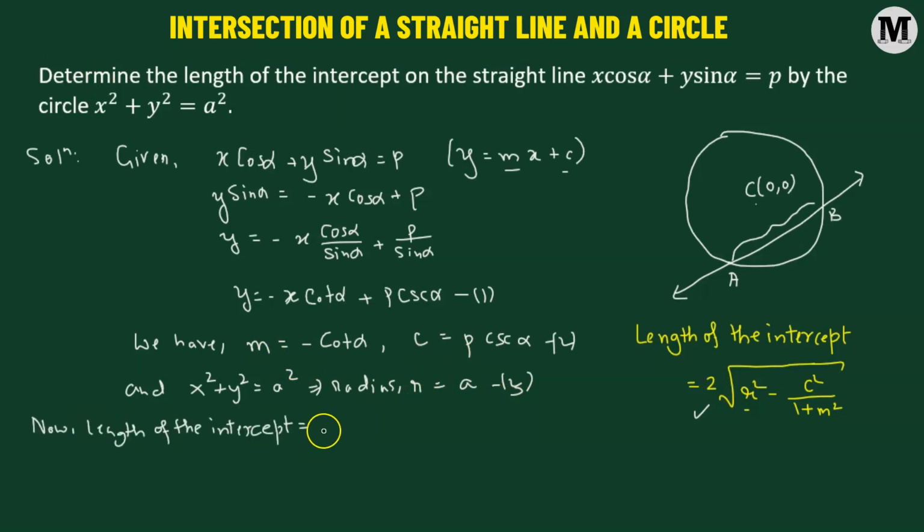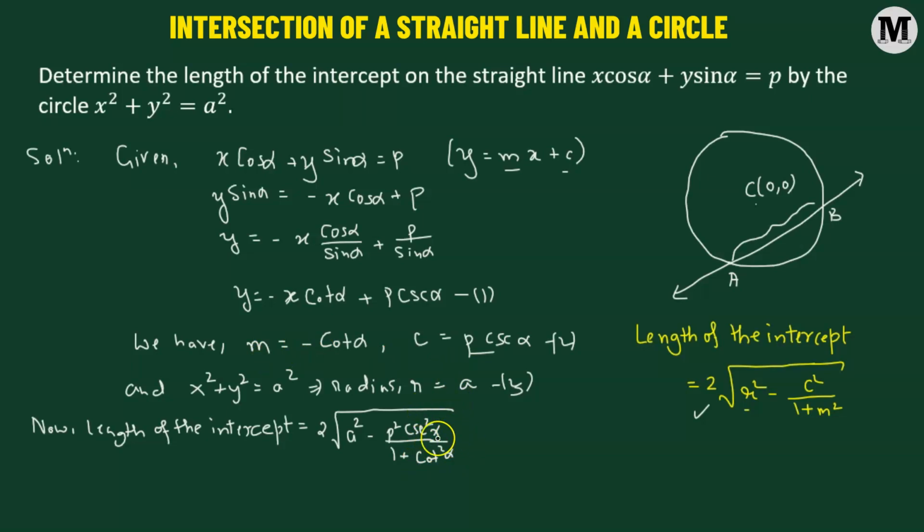So we are going to get 2 times the square root of a squared minus c squared, which is p squared cosecant squared alpha, divided by 1 plus the square of the slope. Negative cotangent alpha whole squared will be cotangent squared alpha.